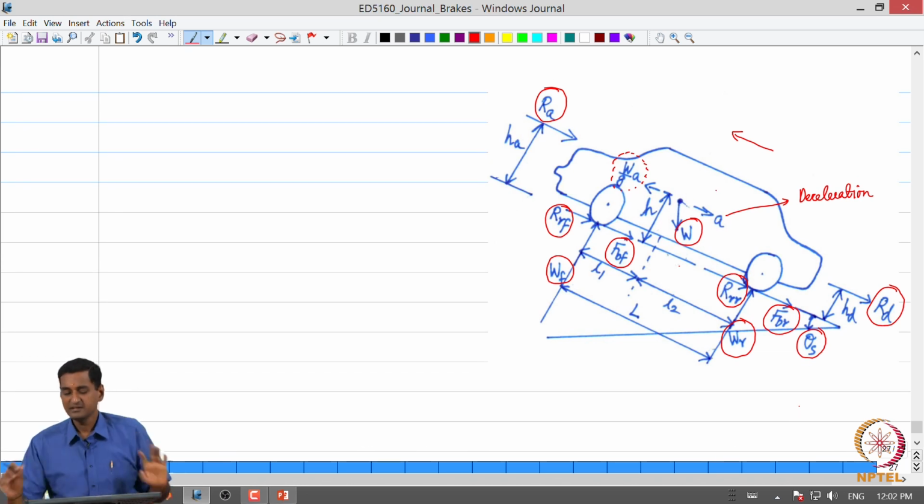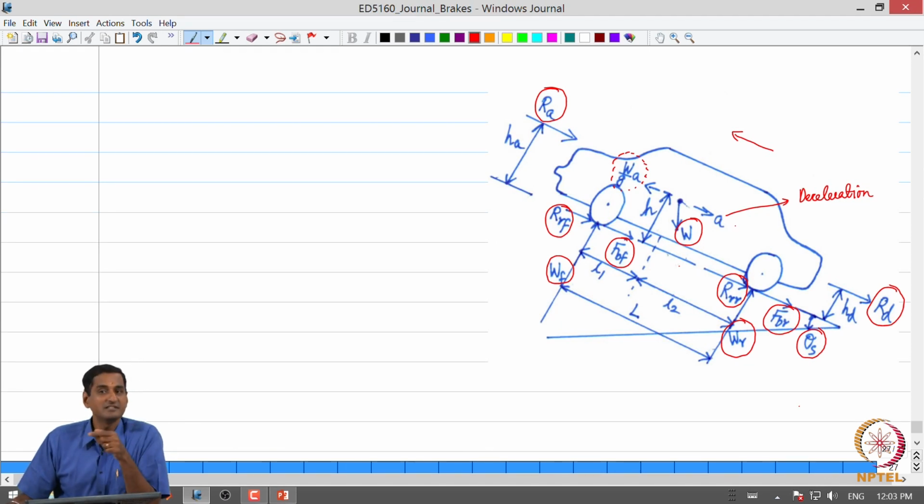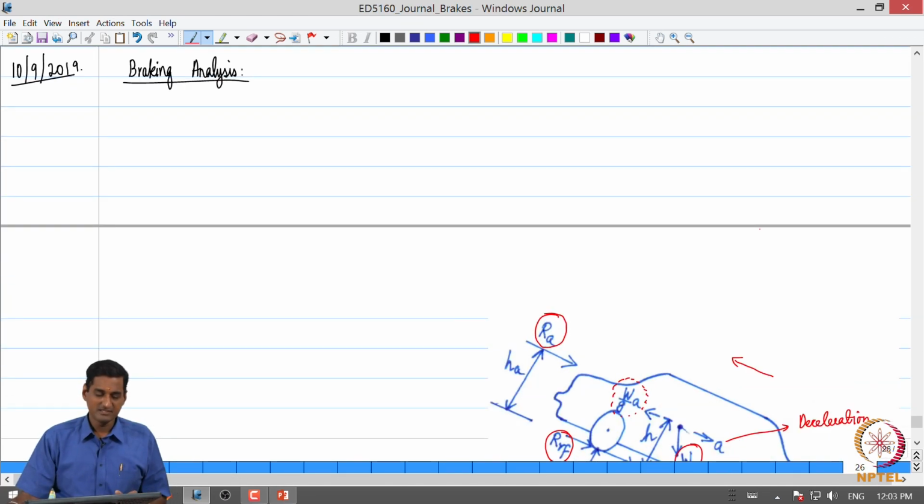Those are the various forces acting on the vehicle. So the main differences are the presence of a braking force rather than a drive force at the tire road interface, and the deceleration is now the other way around. The vehicle is being decelerated, and consequently the D'Alembert's force W by g times A is in this direction. Those are the main changes.